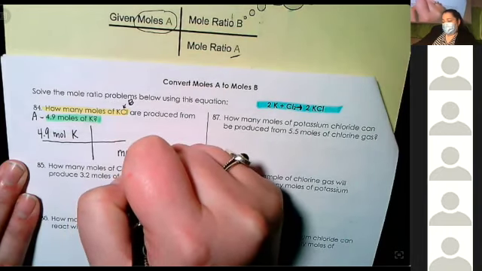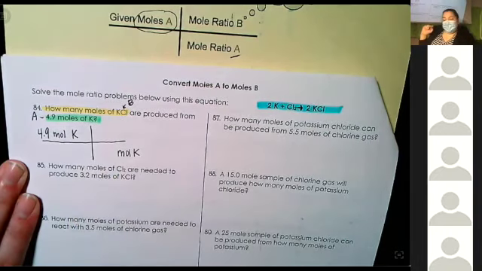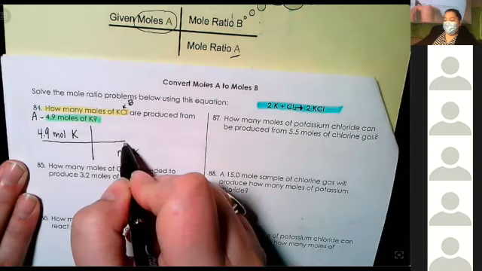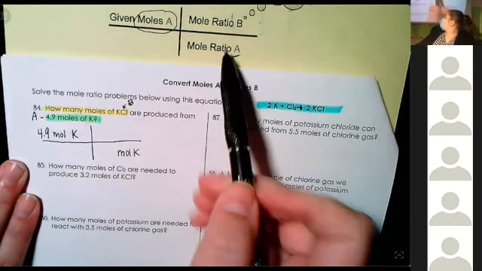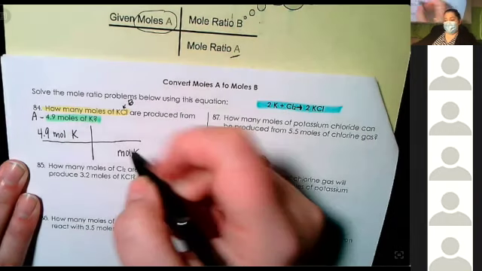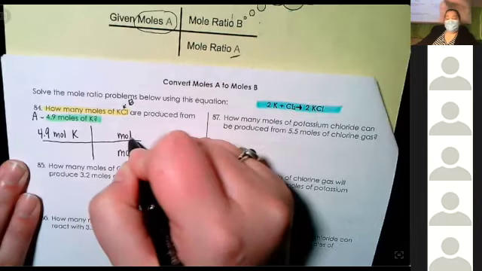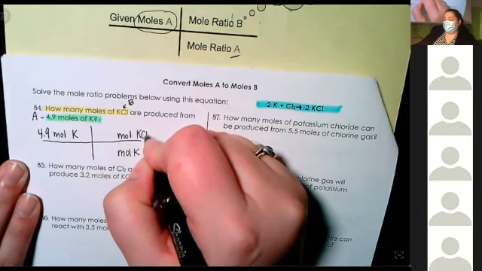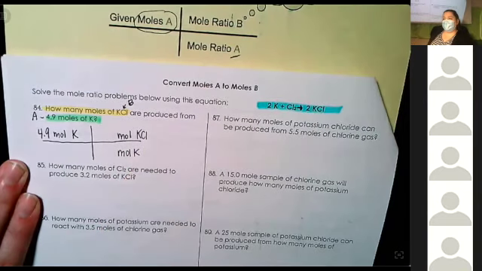So moles of K. And then what we want to find, which is B, we want to find moles not of K, but of KCl. That's what we want to find. And now we do the mole ratio.